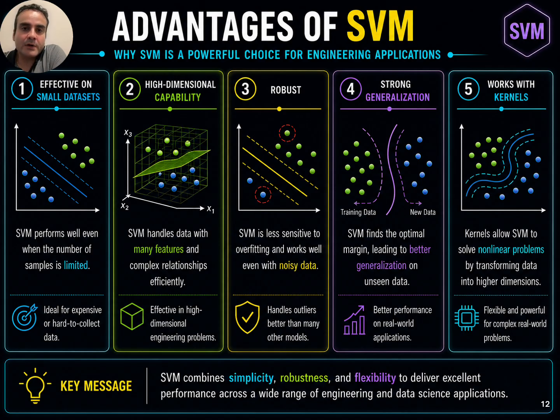SVMs are also highly effective when dealing with datasets that contain many input variables. Rather than being overwhelmed by high-dimensional data, SVM can efficiently identify the most informative decision boundary. Another advantage is robustness to overfitting. By maximizing the margin between classes, SVM often generalizes well to unseen data.